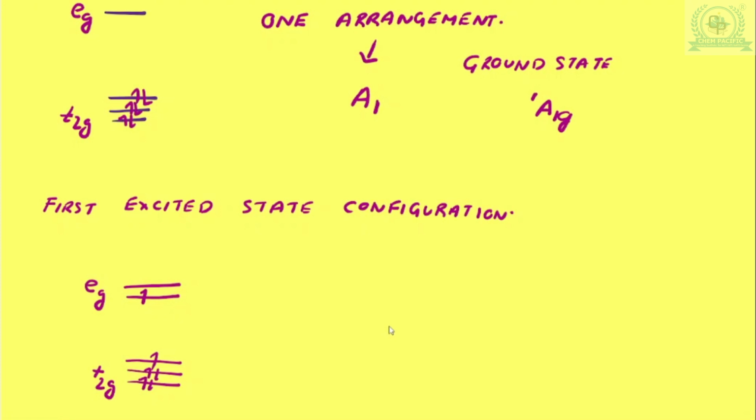Now you can also say that one hole is created due to this. Either you can say that one electron got excited to the high energy level EG, as a result of which one hole is getting created.